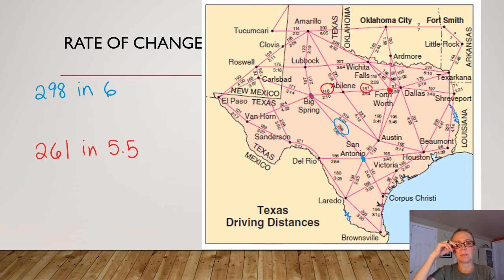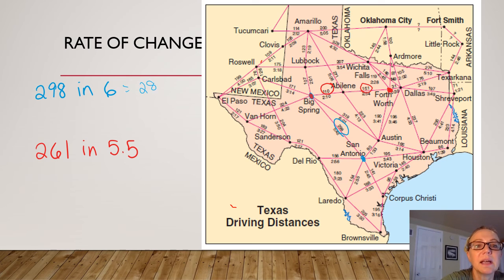I've made the map a little bit bigger. If you look at the blue trip, this was Juan. He went 298 miles in 6 hours. To change that to a rate of change, we divide 298 miles in 6 hours.